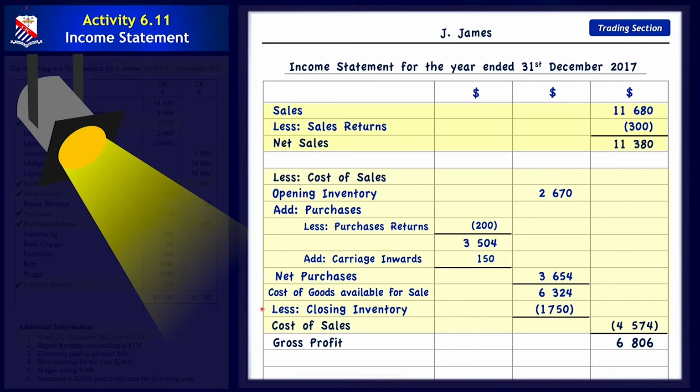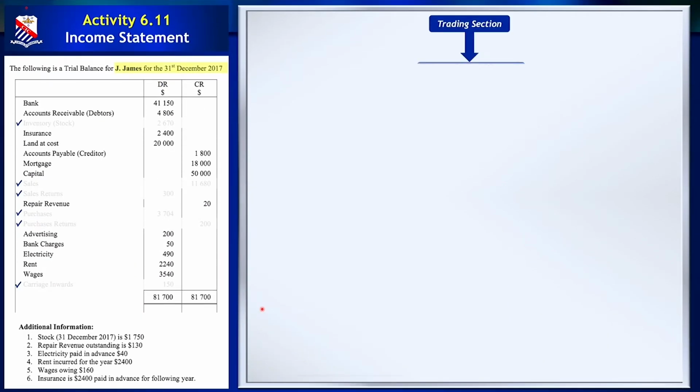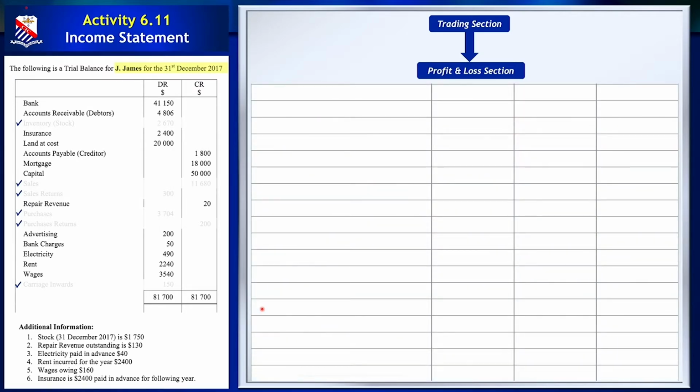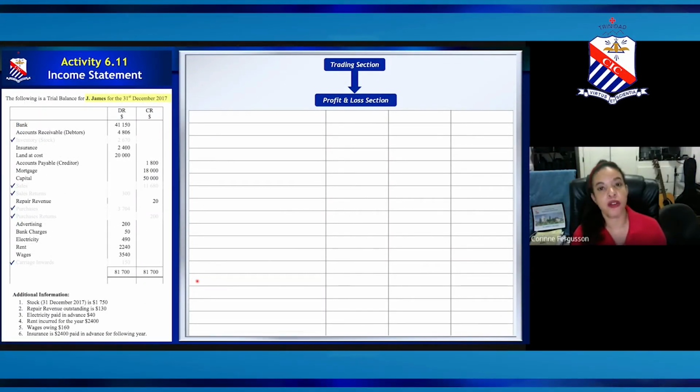So after we have done the first part, which is the trading section, we now have to go and do the second part, which is known as your profit and loss section. This is where we have our revenue and our expenses, and this is where we deal with our accruals and prepayments.